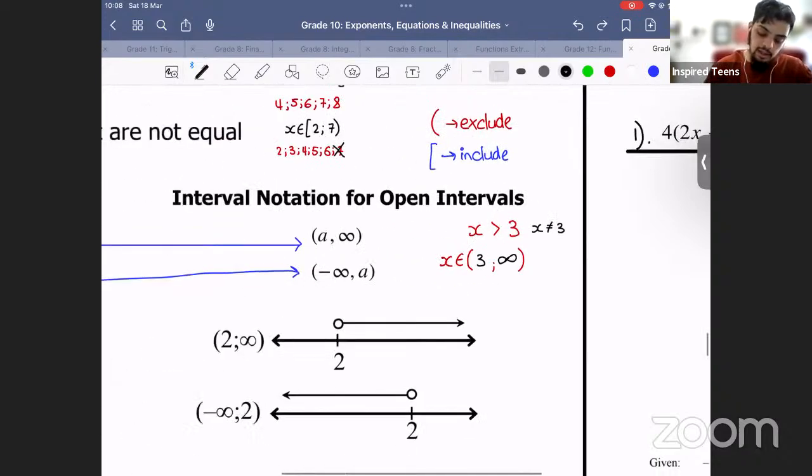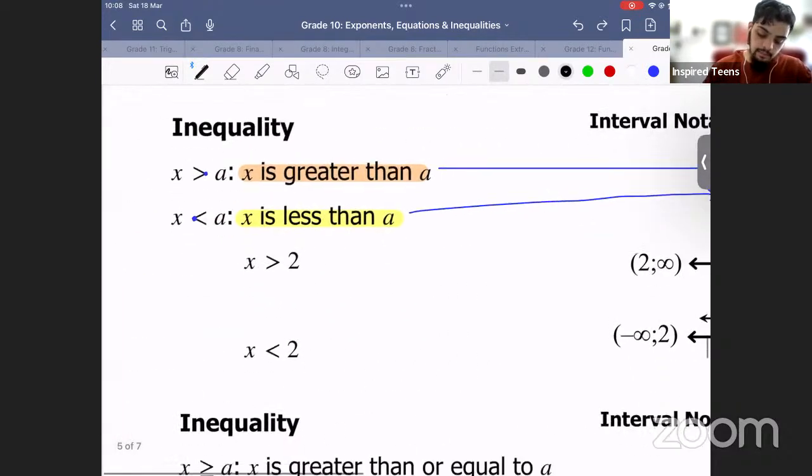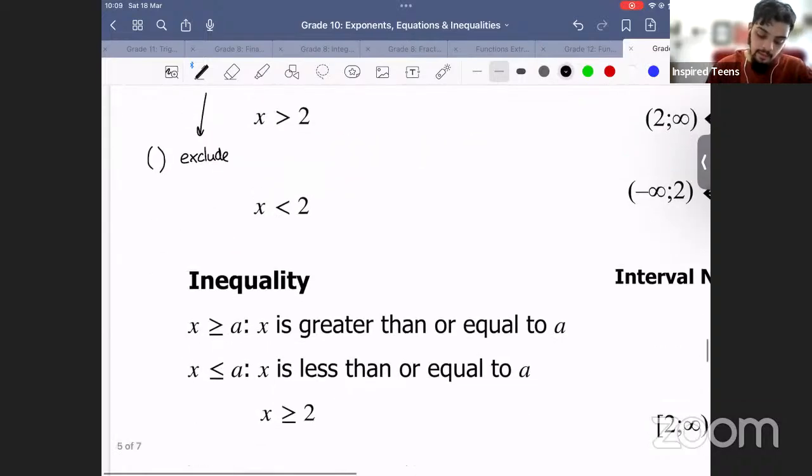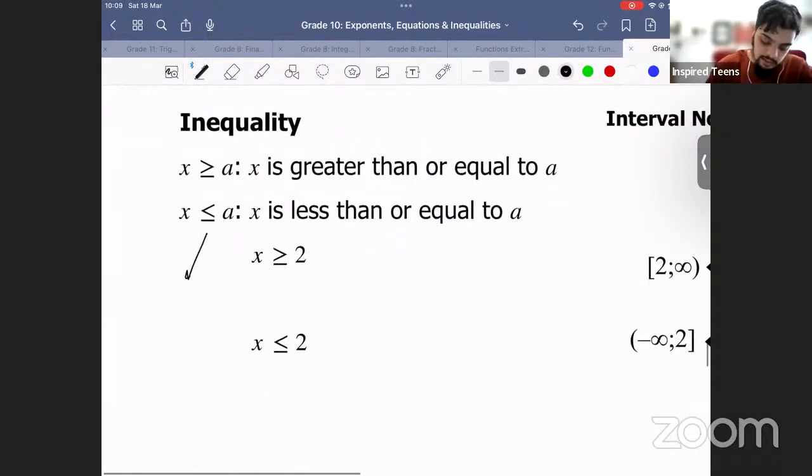Another thing is that when we don't have the or equal to, this follows the circle bracket, which is exclude. And this means include.